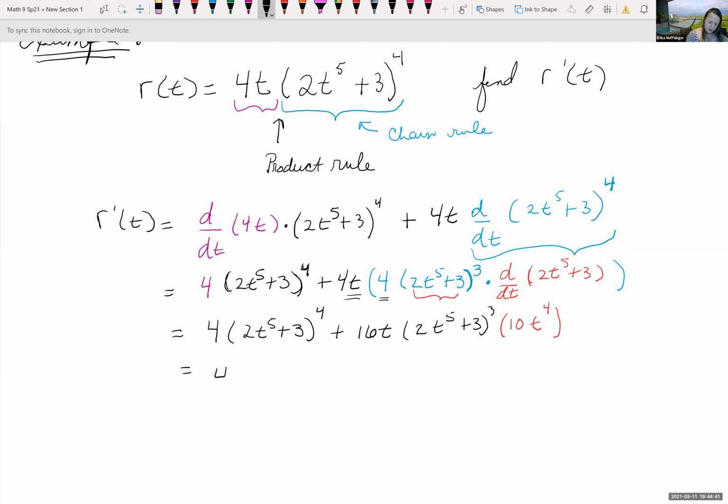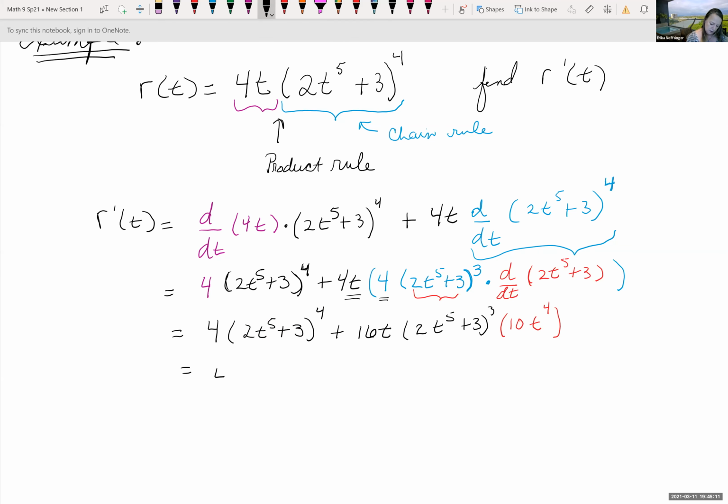So we have 4. Notice that we have in parentheses this 2t to the 5th plus 3 and this 2t to the 5th plus 3. So I'm going to be able to factor out 3 of them in a little bit.